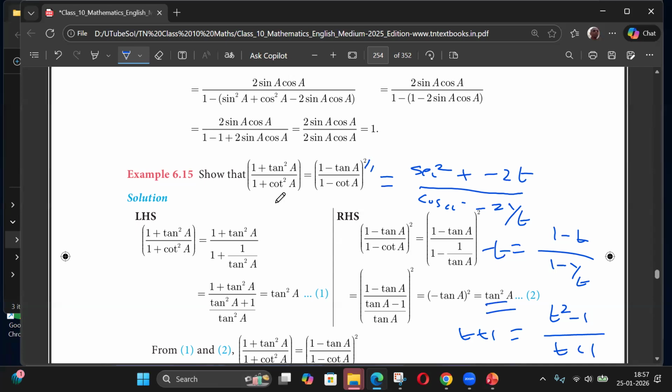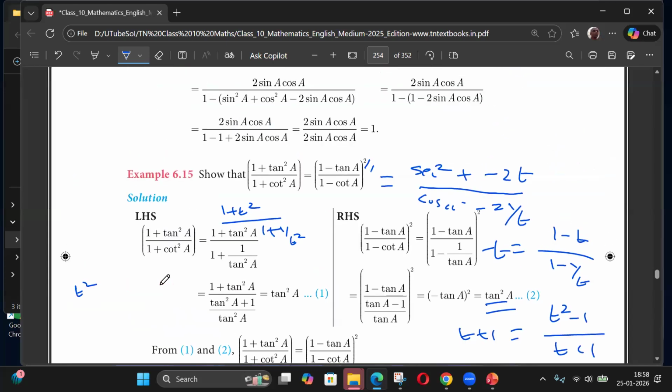So same thing I can do here, cot I can write as 1 by tan. So 1 by tan square by 1 plus 1 by t square. So it will be t square. Both are same. That's what he has done.